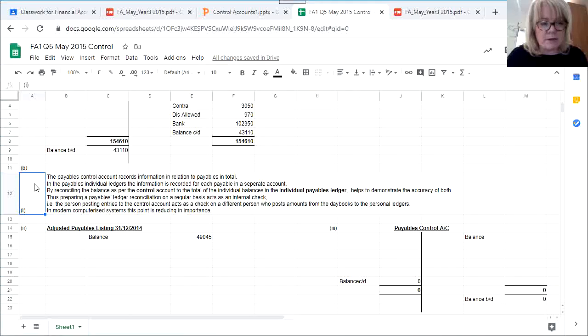Okay, so part B starts with a little bit of theory, asking you to outline one reason why preparing a payables ledger reconciliation on a regular basis is important. Well, a payables ledger reconciliation is where we reconcile the payables control account with the total of the individual payable ledgers, and that acts as a cross-check and a mechanism for identifying errors.